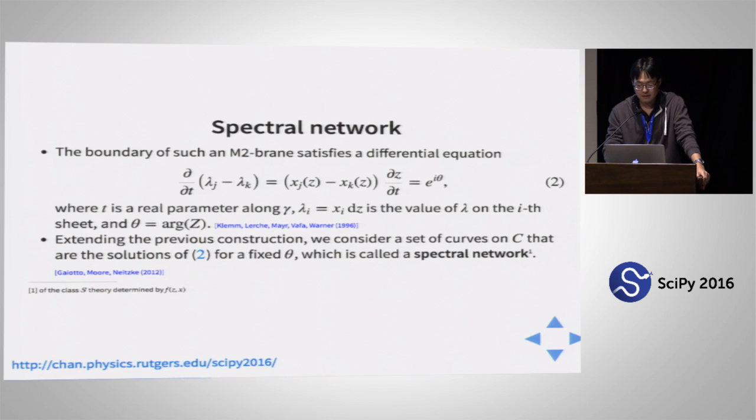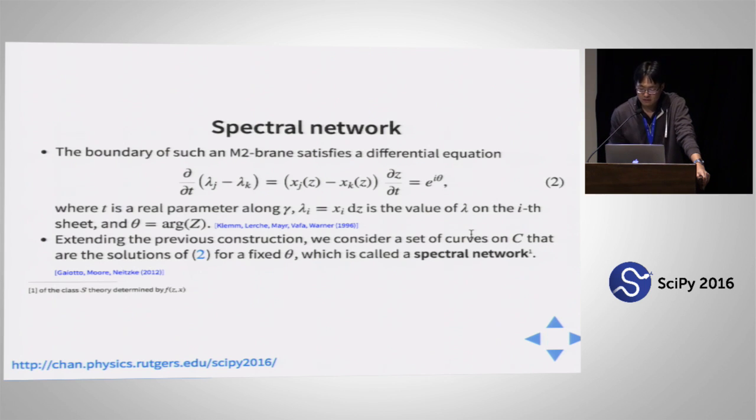Then the boundary of such an M2 brane satisfies this differential equation. And we can actually turn this question around, and we first can look for solutions of this differential equation, which will be geometric flows on the two-dimensional surface. And actually, those flows are the colorful lines that you just saw in the demonstration of the program.